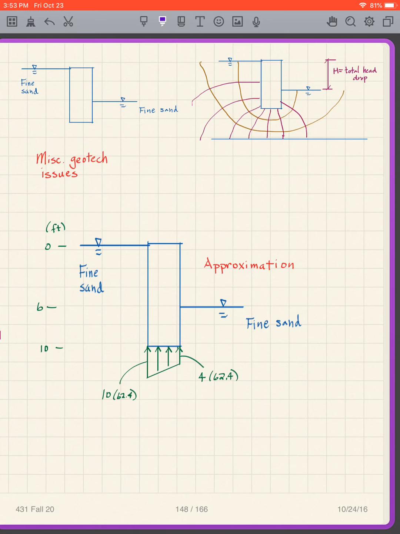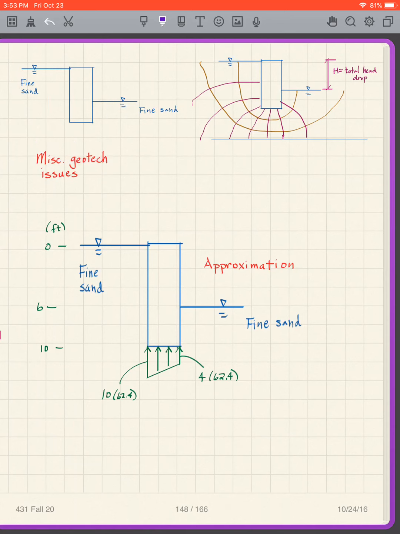I'll just note the following, miscellaneous geotechnical issues. Suppose I have a fine sand here, and it's possible that I have a water table level that is not the same on both sides of the wall. If that happens, then what's occurring? Well, I'm getting flow around this, underneath the wall, as we've observed before.